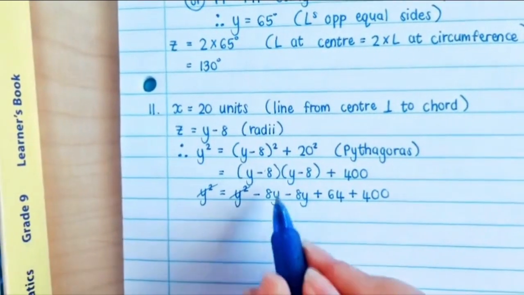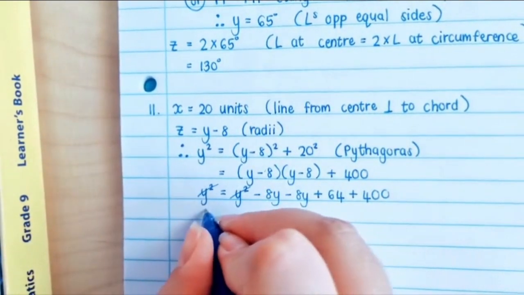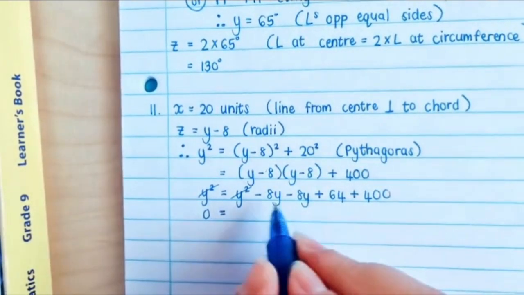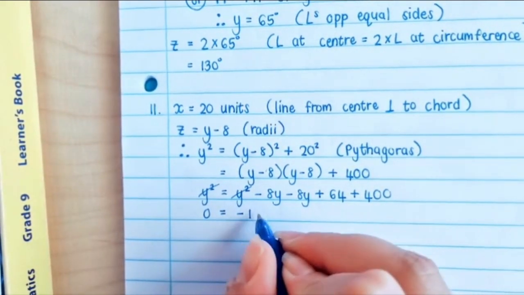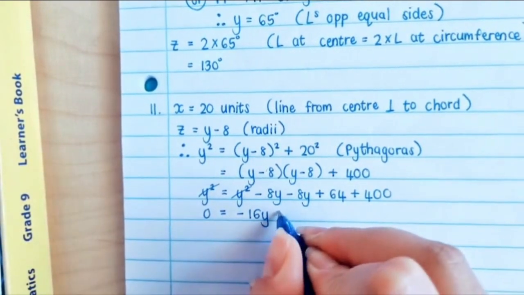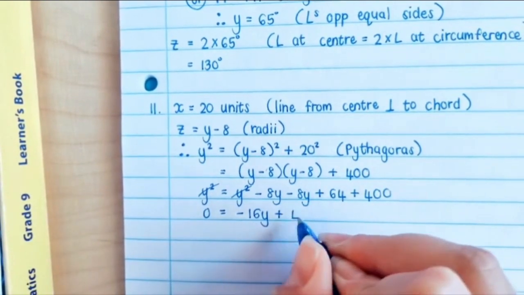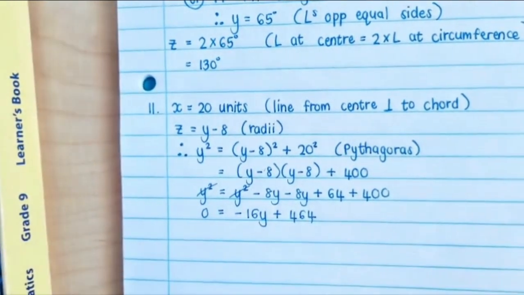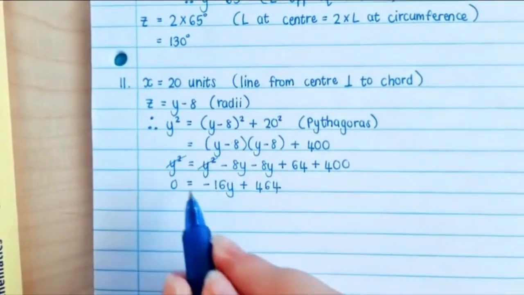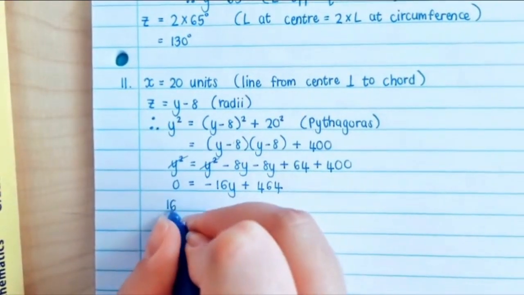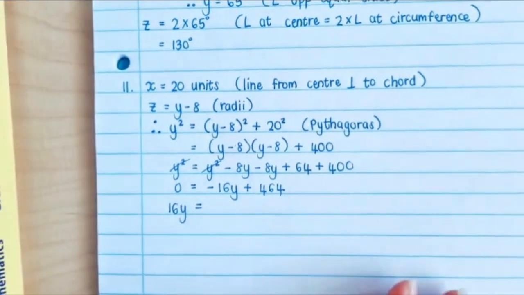So what I'm left with here, I have the 0 over here, if you want to look at it that way. I have negative 8y minus 8y, which is negative 16y, plus 464. So this is actually just a linear equation, so let's move the y term to the other side. So it's going to become positive 16y.